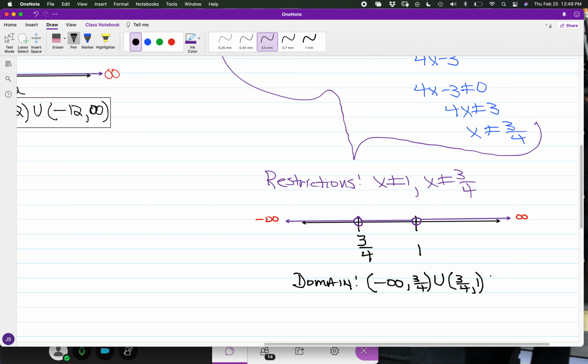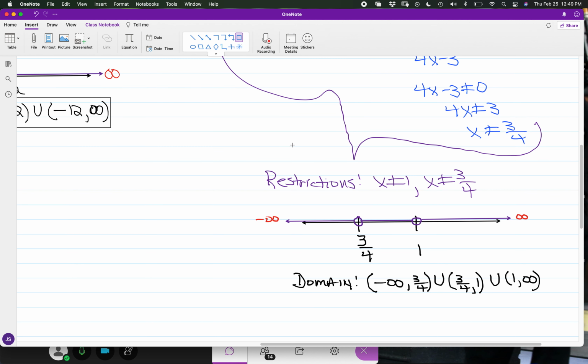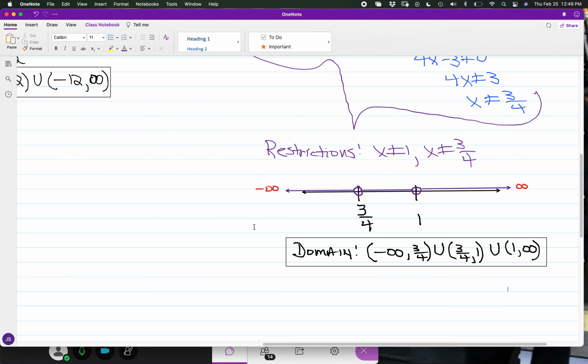And for the rest, those values of x which will be greater than 1. And so that will complete the first part in the test 2 review.